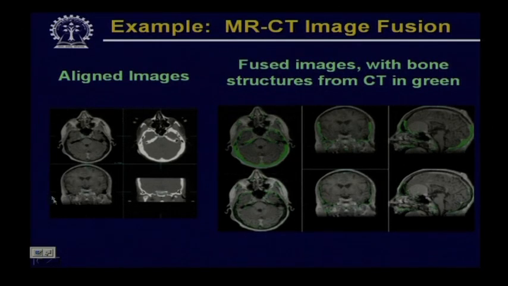In this slide, on the left side, we have the result after alignment, and on the right hand side, the result after fusion. In this fused image, the green regions show the bone structure, which has been obtained from the CT image, and the other regions contain the information from the MR image. So, this is much more convenient to interpret than taking the MR image and the CT image separately.